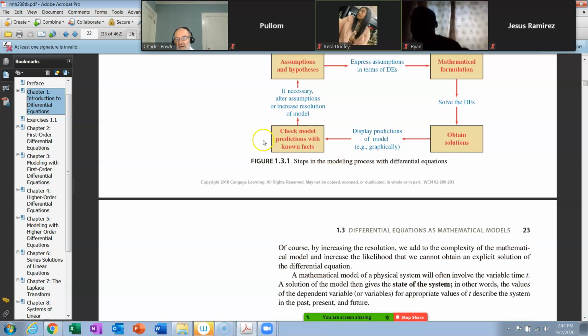That's where you check it against known facts. What happened in the past? Does your model seem to take care of that? What's happening now? Did the model predict this adequately? If both of those are yes, then you might feel a little more confident about saying, well, yes, this is likely what's going to happen in the future, depending on the time there.